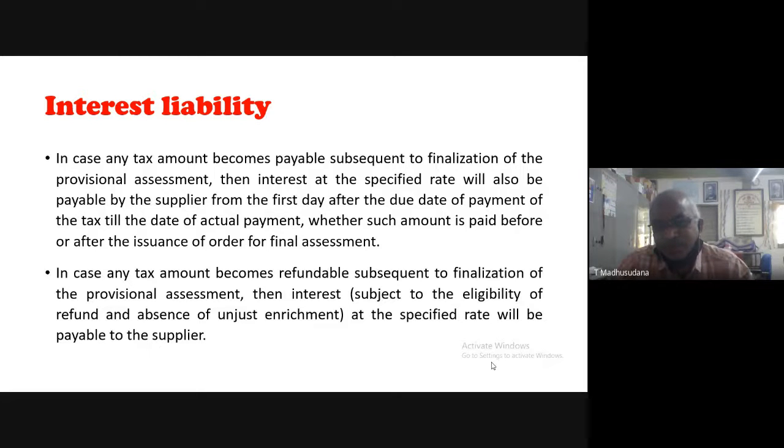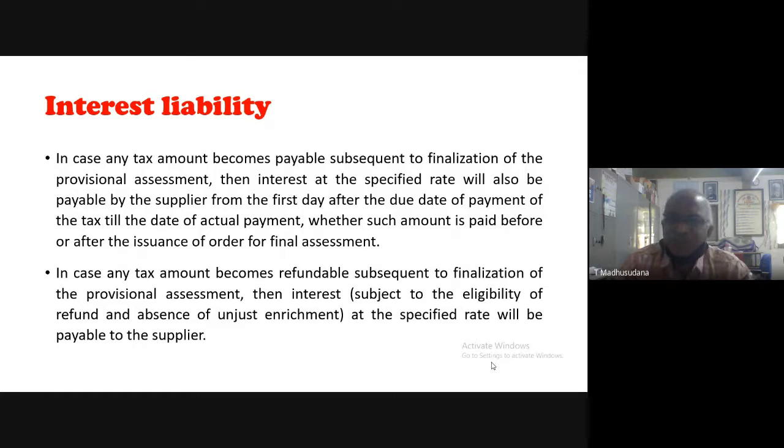Okay, so suppose the supplier has to pay the remaining balance amount, the difference between the provisional assessment and the final assessment. So he has to pay with interest.